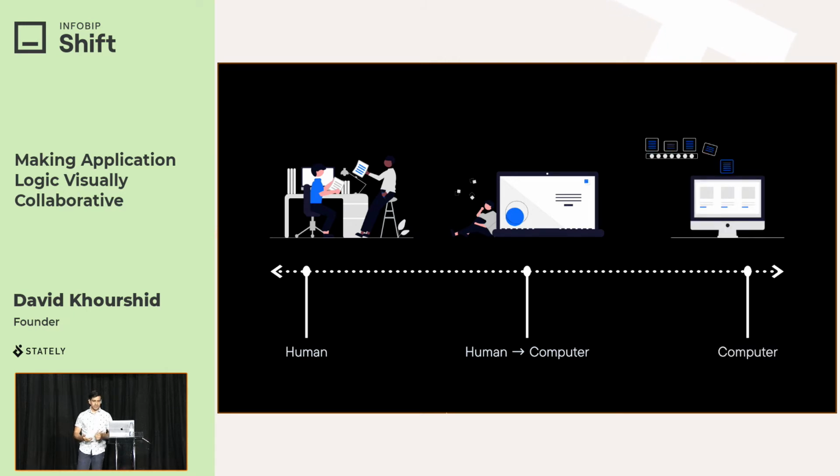And so the computer reads that code, and that code is supposed to represent the application logic that we want. But notice how far apart these two things are, both human and computer. Have you ever tried to show a designer or a project manager the code in order to be like, hey, this is how my application works? There's absolutely no understanding there. And there's a huge disconnect.